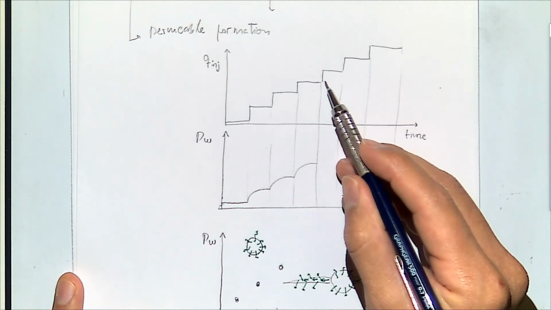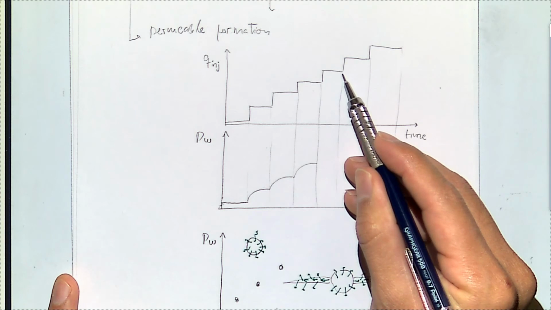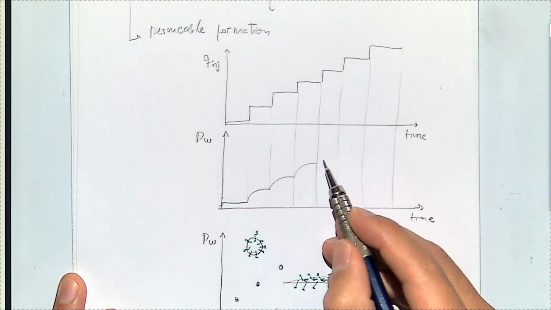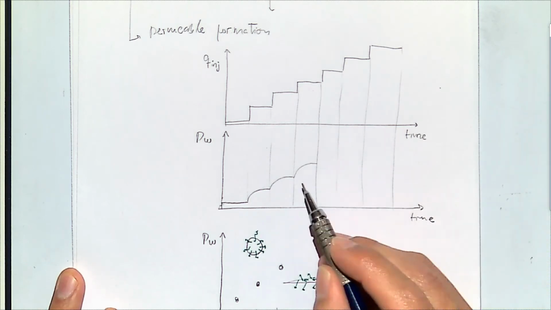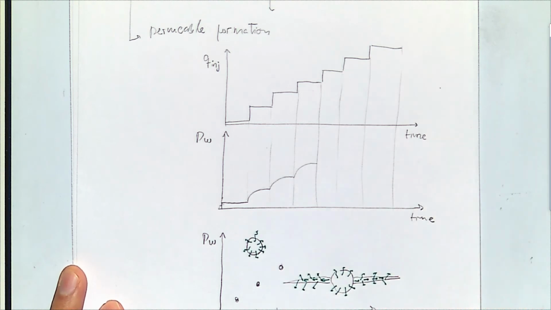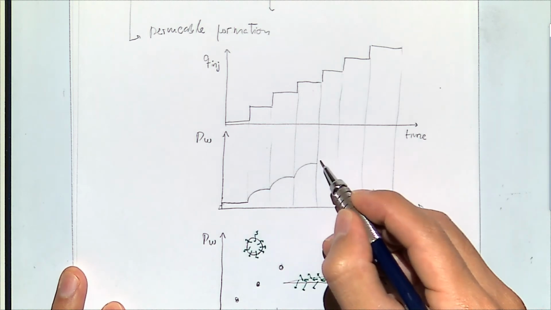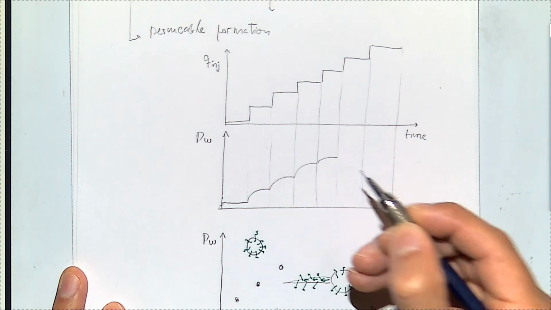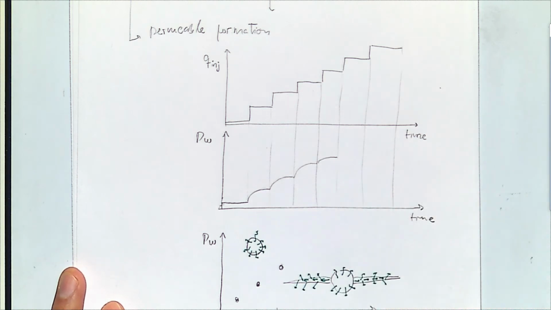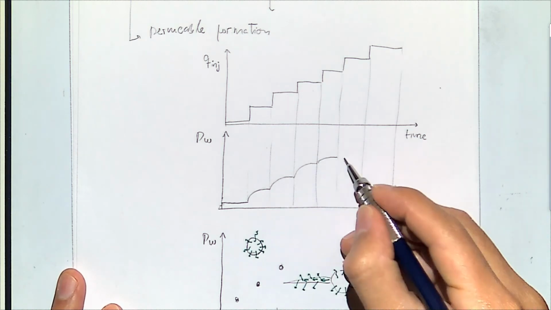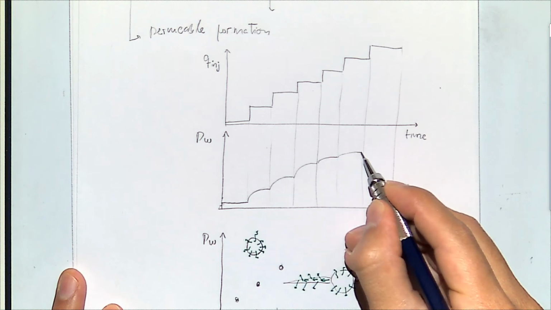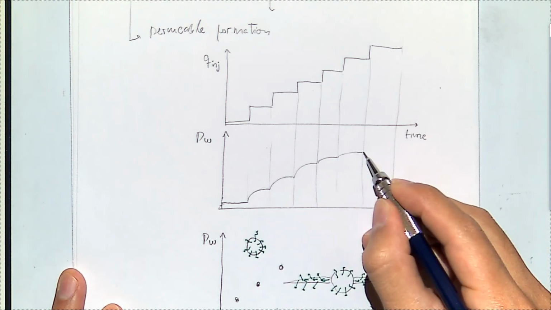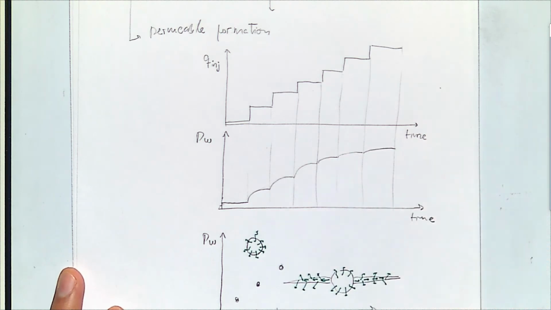We make the same increase of injection rate, would the pressure increase the same as before or not? It will not, because now it's a lot easier for the same injection rate to be injected into the formation. So the additional increase of pressure is going to be a lot smaller than before.